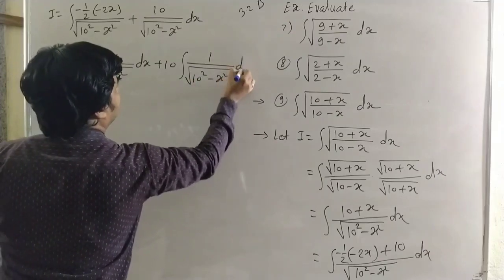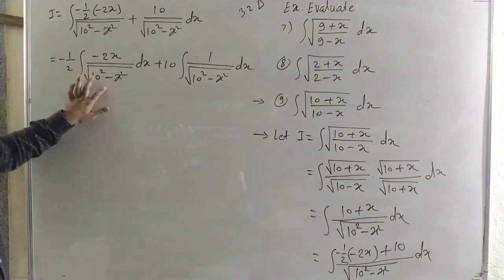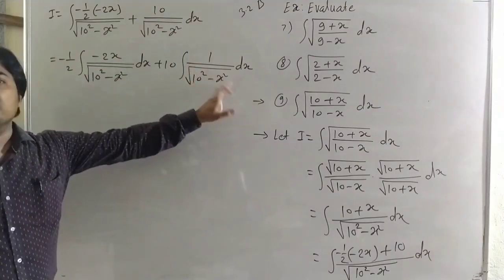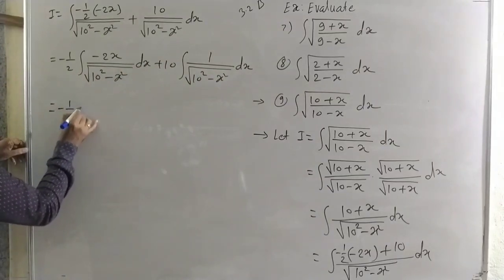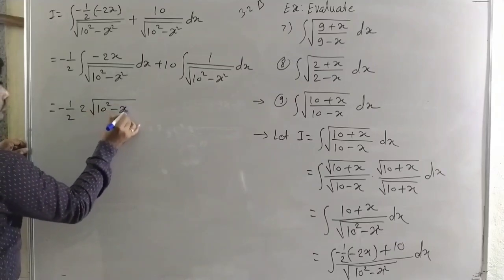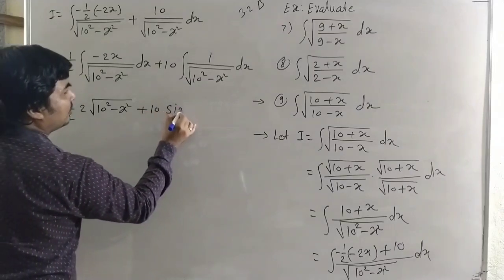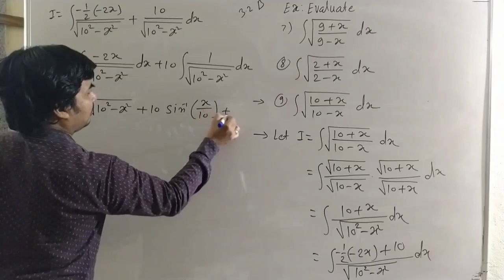Now here we can use f dash of x upon under root f of x, and 1 upon under root a square minus x square. So we can write minus 1 by 2 into 2 under root of 10 square minus x square, plus 10 into sin inverse of x by a, that is x by 10, plus c.